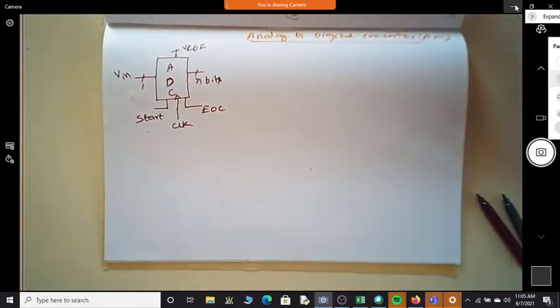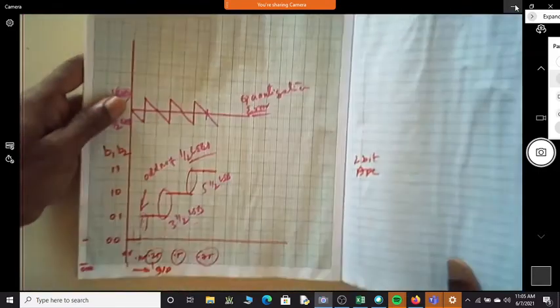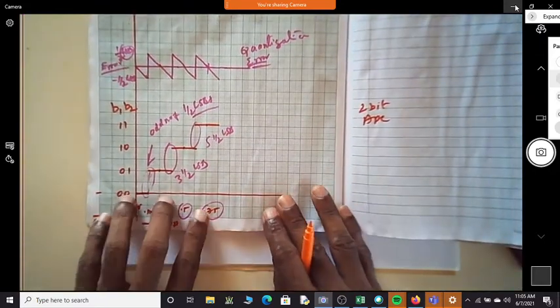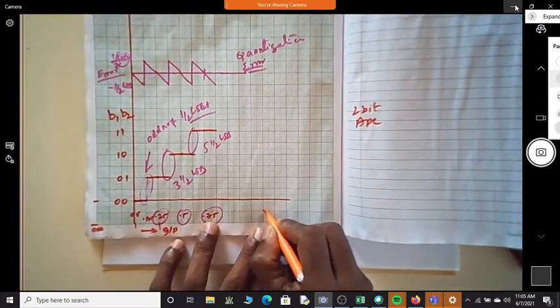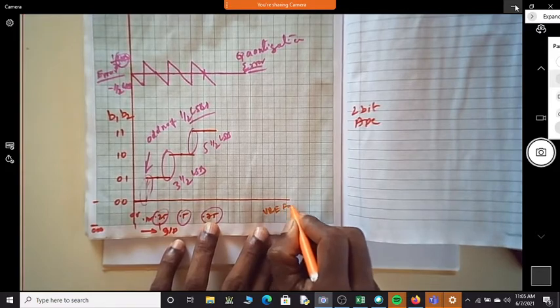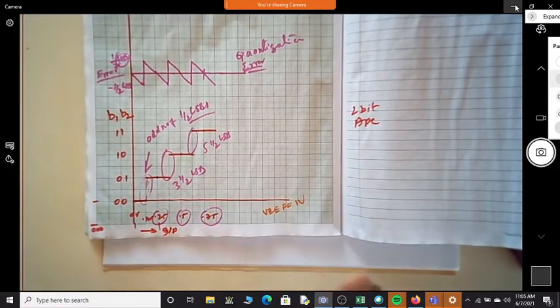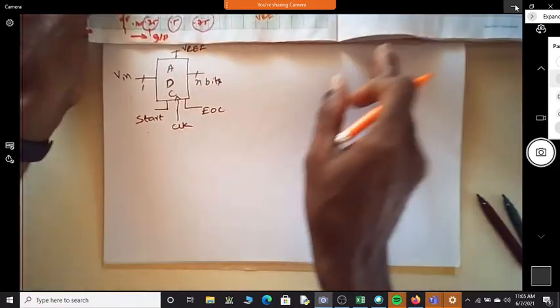Of course, in the last class, we were also discussing how, for the given input voltage, we get the output. So this is what we are trying to discuss. We took V reference equal to 1 volt, and we were trying to understand what happens.